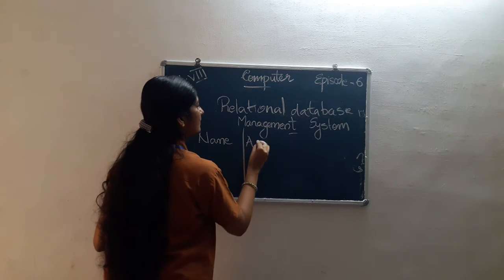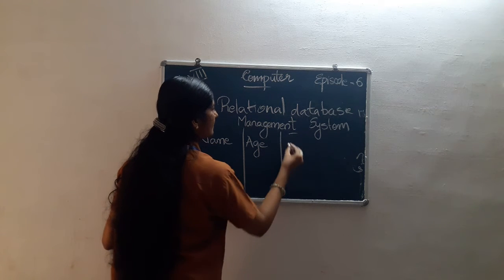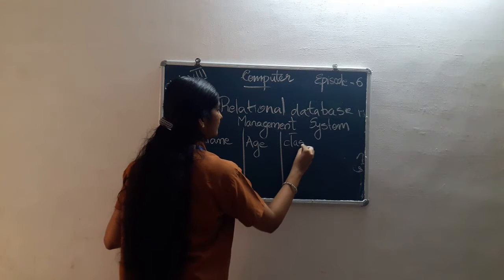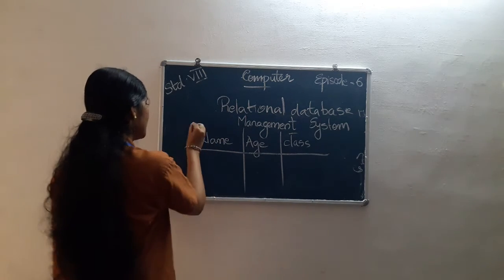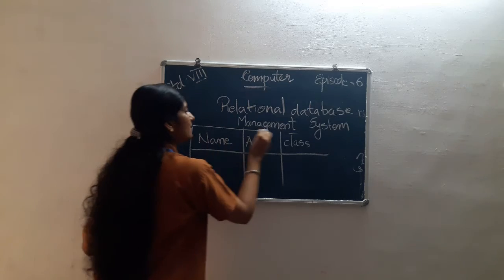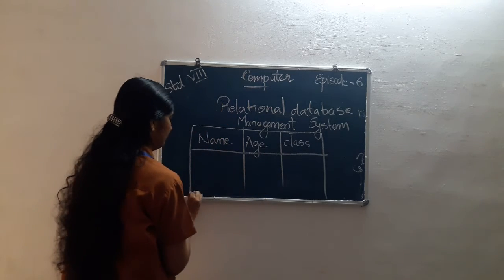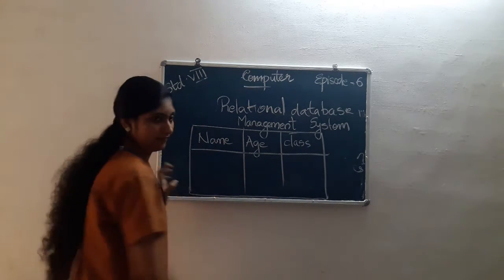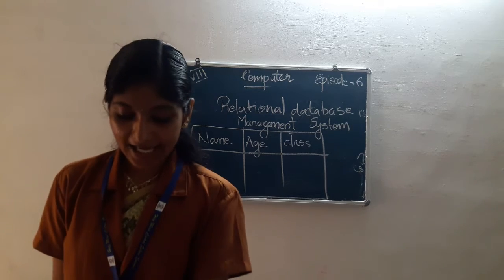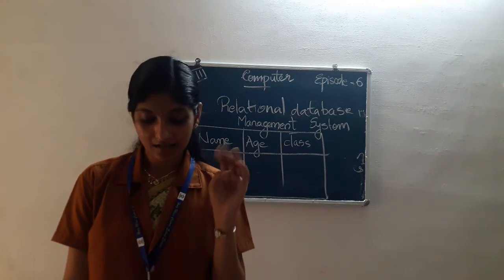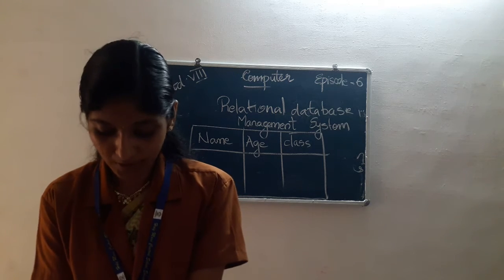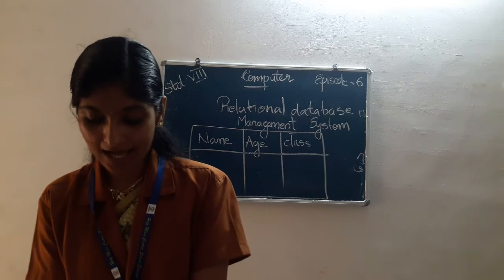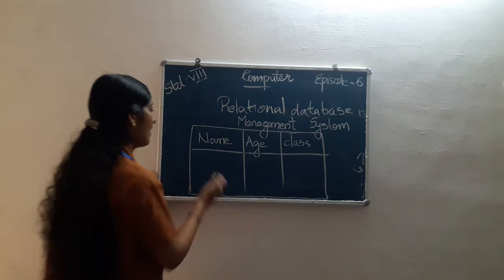Okay. So this is in the form of a table. Then in that table, it contains 4 students' details. Details of 4 students: Arun, Ishi, Sabi and Shalini.